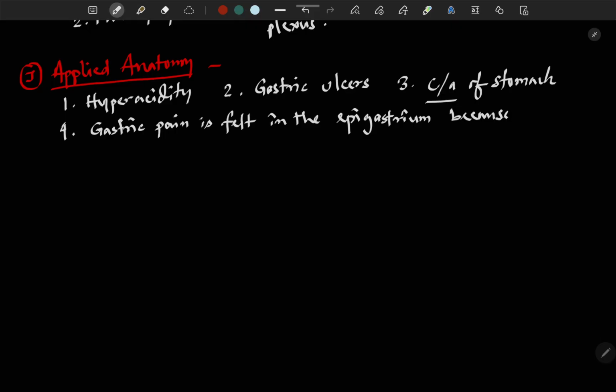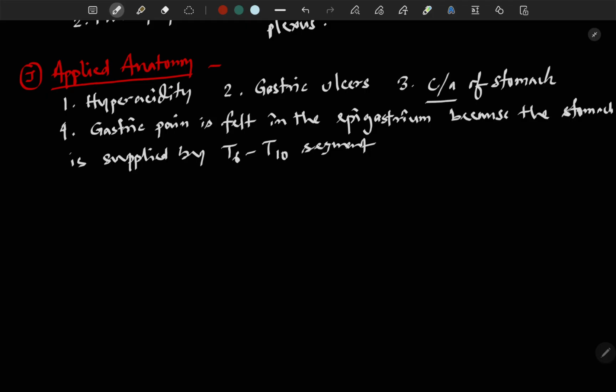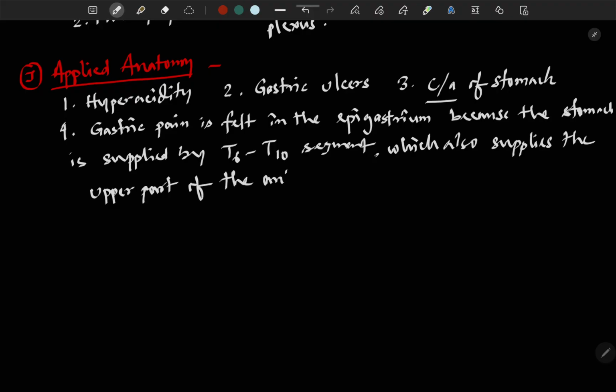Because the stomach is supplied by T6 to T10 segments, which also supply the upper part of the anterior abdominal wall.